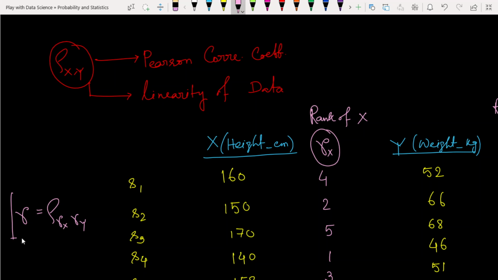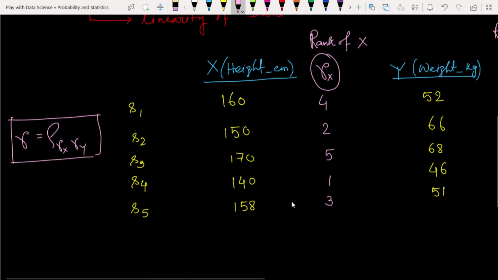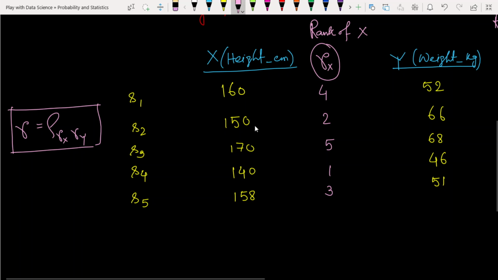Everything is the same. Because here we have used the rank, we don't care about linearity or non-linearity. If we take the rank, these things are automatically converted to a linear manner.